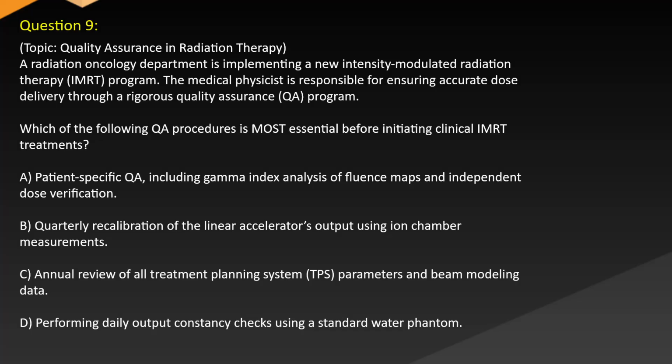A. Patient-specific QA, including gamma index analysis, fluence maps, and independent dose verification. B. Quarterly recalibration of the linear accelerator's output using ion chamber measurements. C. Annual review of all treatment planning system (TPS) parameters and beam modeling data. D. Performing daily output constancy checks using a standard water phantom.